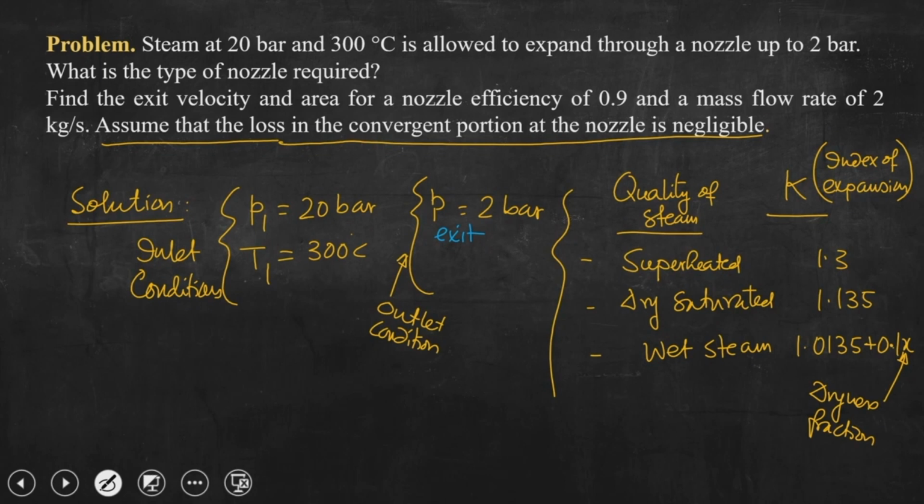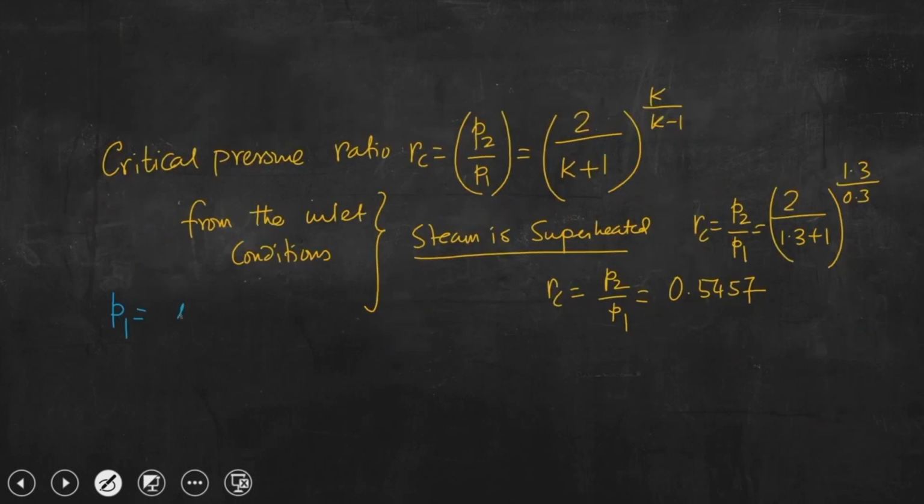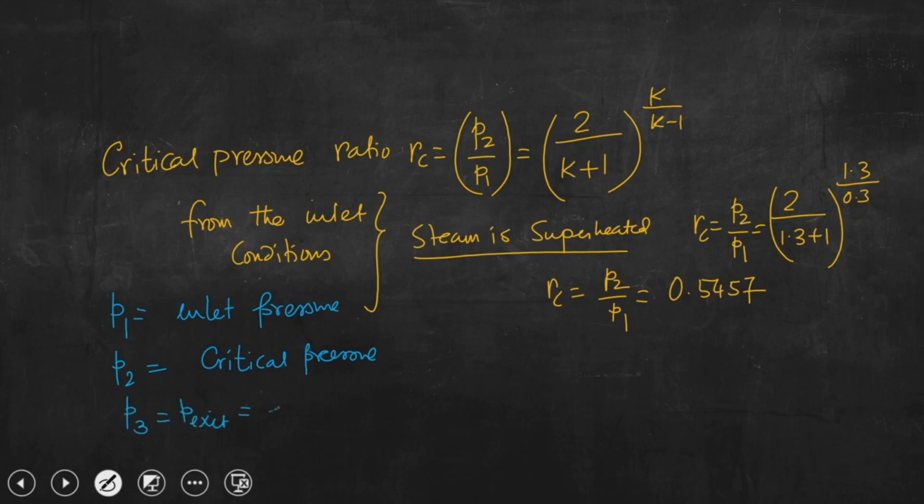I had written it P2 because we did not know whether this is the pressure at the exit or the critical pressure. So, let us write: P1 is the inlet pressure, P2 is the critical pressure, and P3 equal to P exit equal to the exit pressure. We are assuming these three.